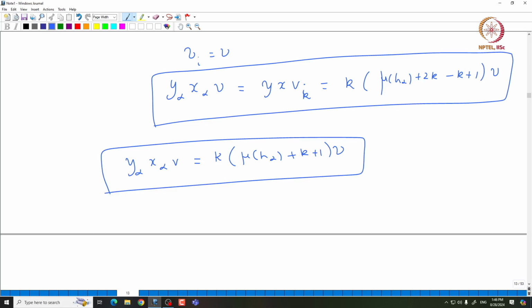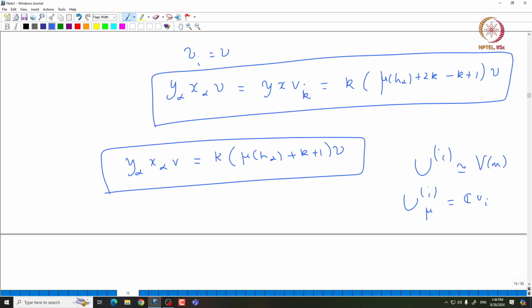Okay. But note that the multiplicity of Vi, that is the dimension of that space, is 1 inside V of m. So, ui being isomorphic to Vm, ui mu will be exactly spanned by this Vi. Okay. So, this is one dimensional.